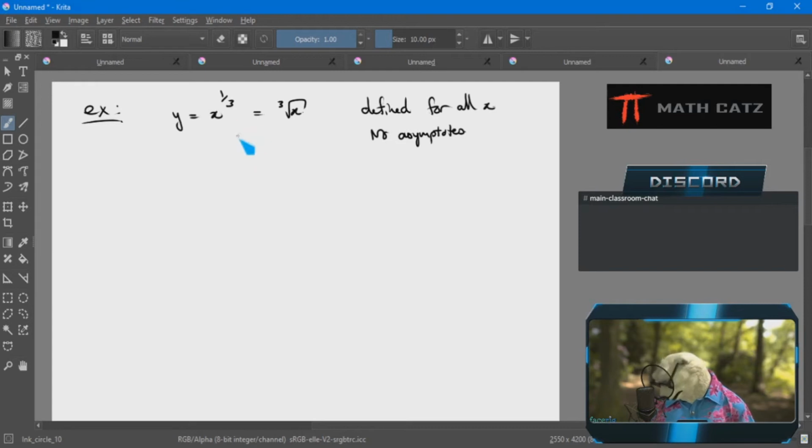Not much. Okay, so let us see, what does the derivative tell me? Well, for the derivative, I'm not going to use the root version. I'm going to use this version because I can then directly apply the power rule. So it's going to be 1/3 x to the negative 2/3. Now I don't want to look at this version.